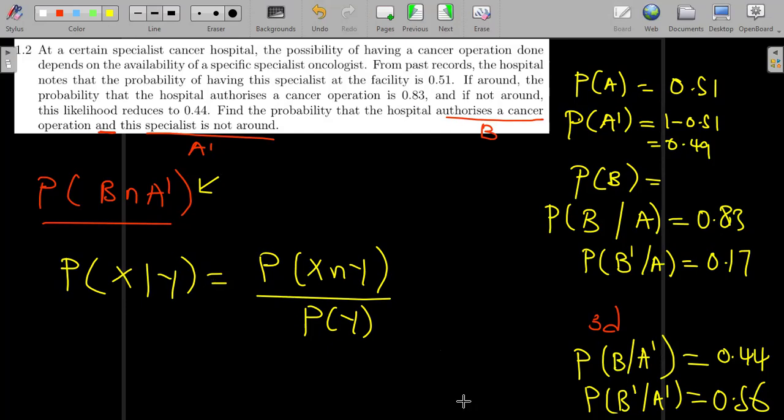We're going to find the probability that the operation is allowed given that the specialist is not around.